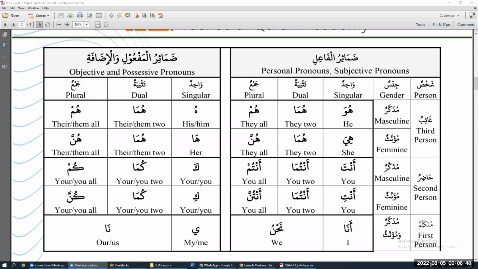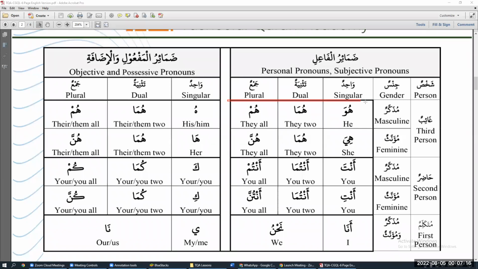Today we are starting our second session. In the first session, the introductory or opening session, we discussed mainly this table: huwa, huma, hum, hiya, huma, hunna, anta, antuma, antum, anti, antuma, antunna, ana, nahnu, correlating them with our relatives.